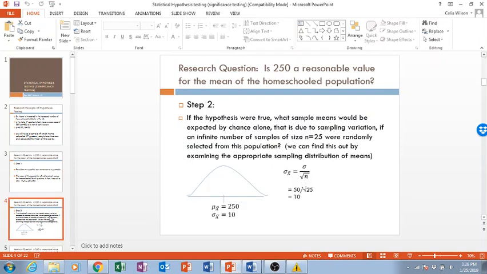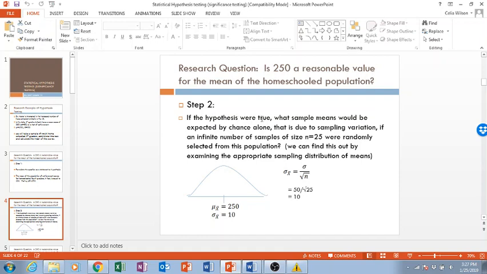All right? So, the way it's worded, and you're going to love this kind of null hypothesis significance testing wordiness. It becomes very awkward, so just bear with me. But if his hypothesis were true, and remember, his hypothesis says homeschooled fourth graders are the same in terms of achievement as public school fourth graders, okay?